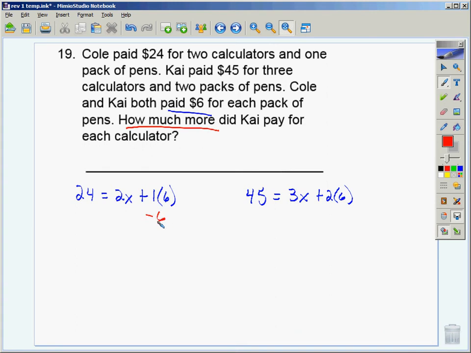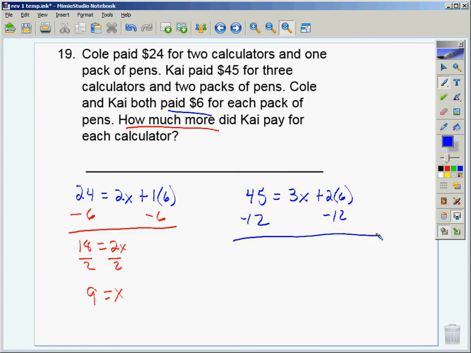So I'm going to subtract 6 from both sides. I now have 18 equals 2x. I'm going to divide both sides by 2. X is equal to 9. When I come over here, I'm actually going to subtract 12 because 2 times 6 is 12. 33 equals 3x.